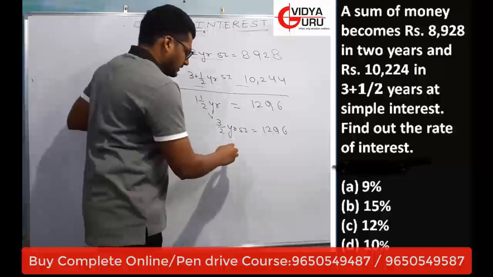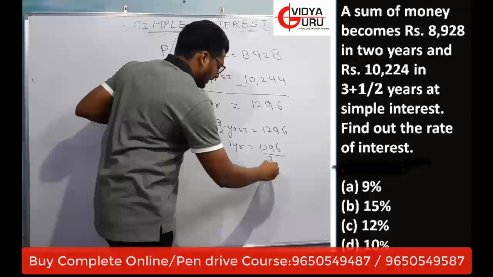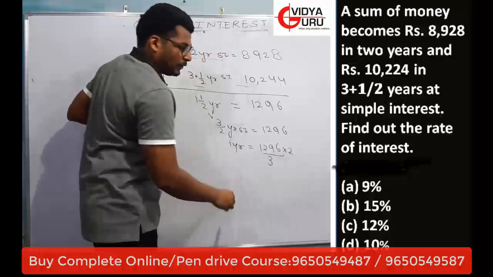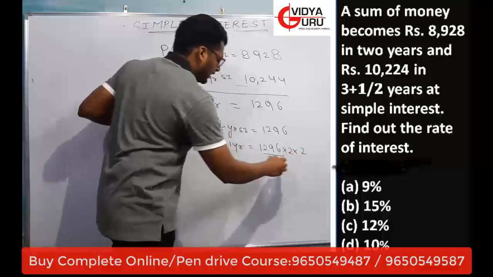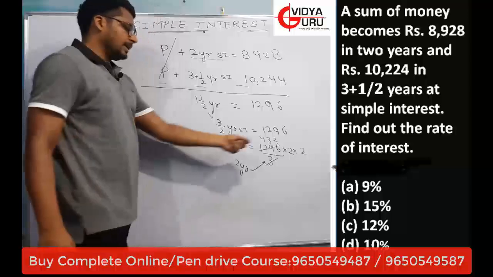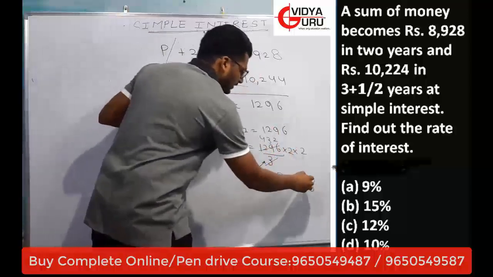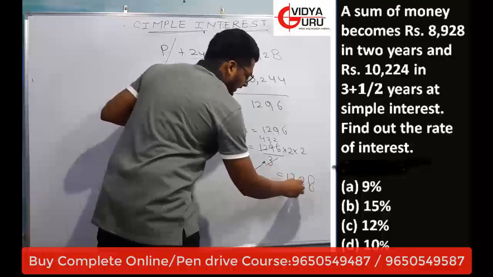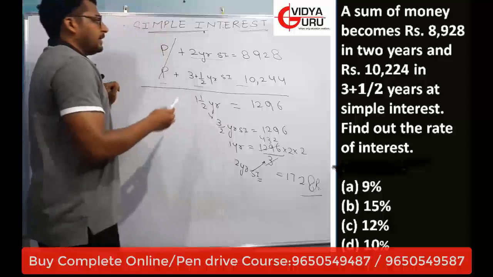What will be SI for 1 year? 1296 by 3 by 2, and I need to find out the SI for 2 years, so I will multiply it by 2 again. 3 4s are 12, 3 3s are 9, 3 2s are 6. It will be 2 into 432. So 4 2s are 8, 4 3s are 12, 4 4s are 16, 1728. 2 year SI is 1728.